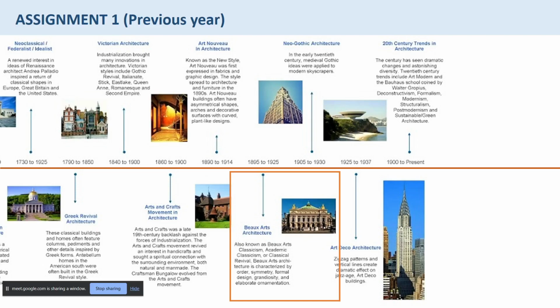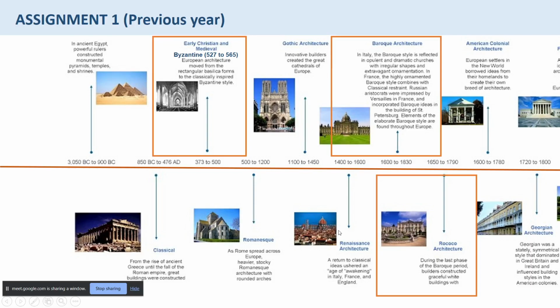The modernism styles basically started with Bauhaus and Walter Gropius and other people who went a little towards minimalism. And these 20th century trends are a whole different timeline where you have deconstructivism and modernism, structuralism, postmodernism, and other stuff. So we'll just cover till now. So these are all the eras that have been covered.